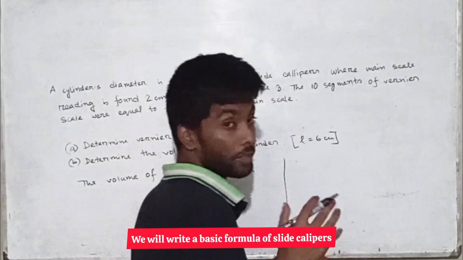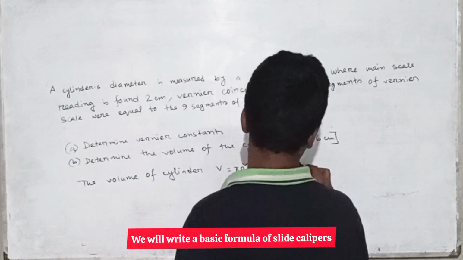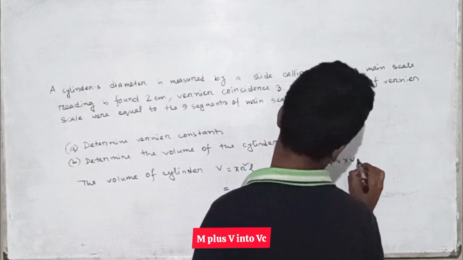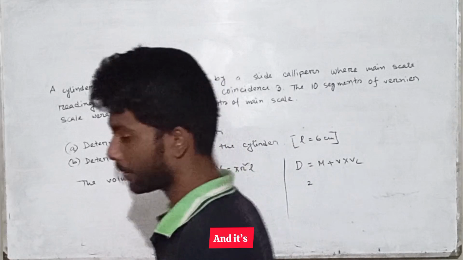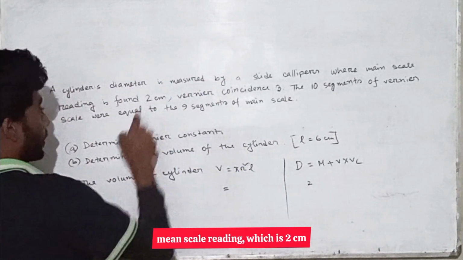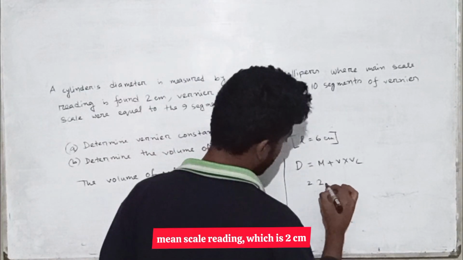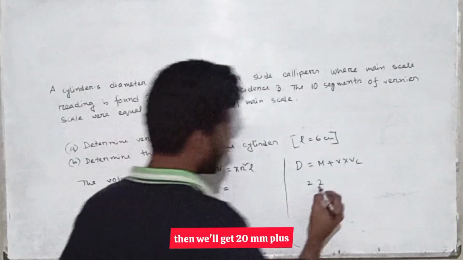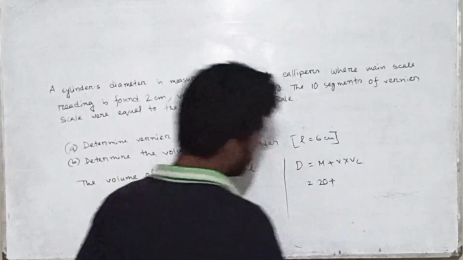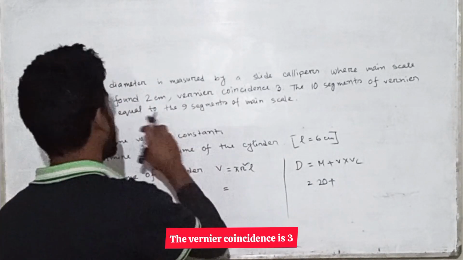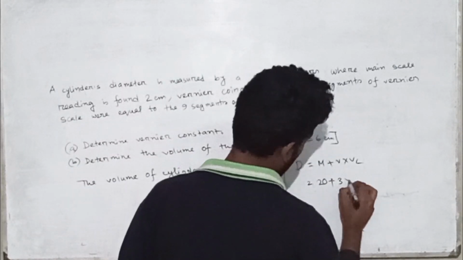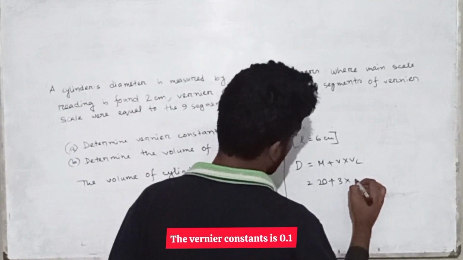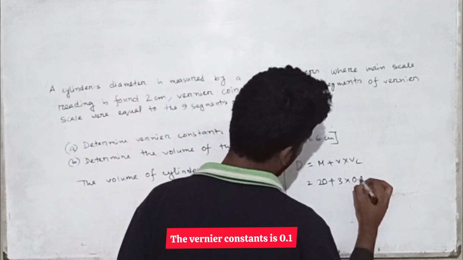We will write the basic formula of slide calipers: D equal to M plus N into VC. Then M is main scale reading, which is 2 centimeter. If we convert it into millimeter scale, then we'll get 20 millimeter plus the Vernier coincidence is 3, and Vernier constant is 0.1.